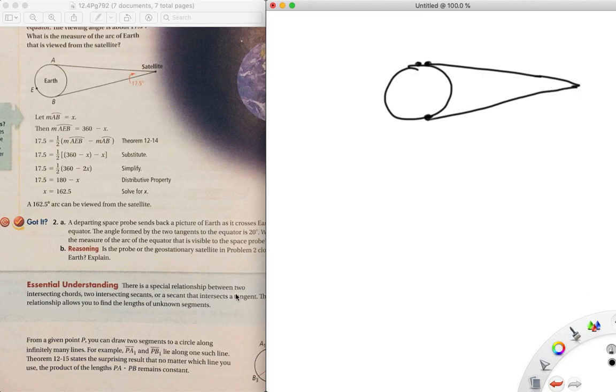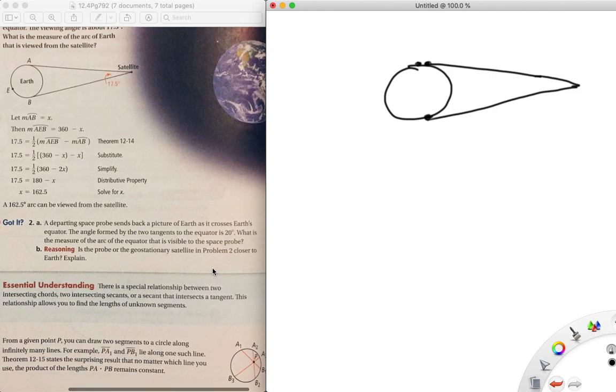In this case, the angle is 20 degrees. And we have this angle here. Again, they don't give it to us, so we're going to call this x, because we don't know what it is. Then we have the other side, and again, we don't know what that is either.